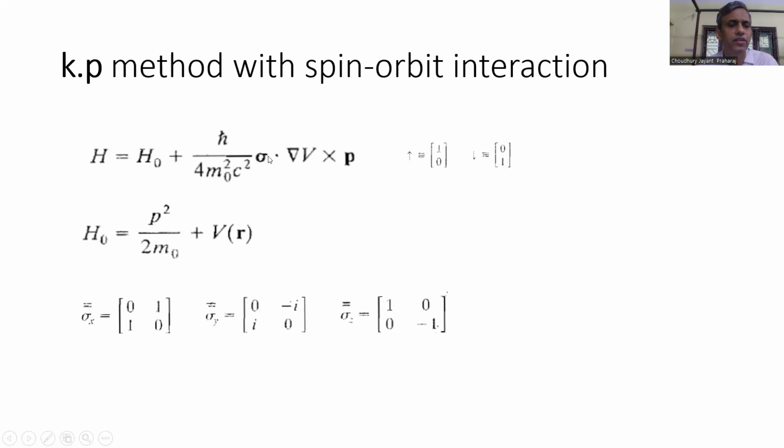And this sigma here is basically a three-component thing with the Pauli matrices sigma x, sigma y, and sigma z, which represent the three components of the intrinsic spin angular momentum of the electron. And these matrices act on the up, which is (1, 0), or down, which is (0, 1) states. So we have basically this doublet due to the spin.